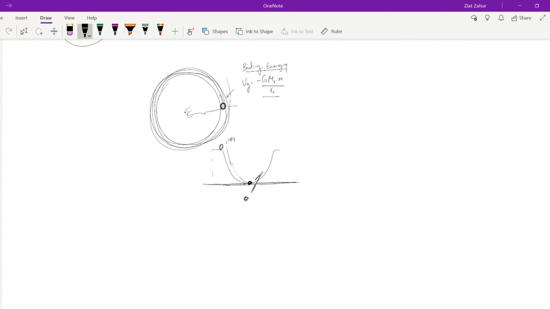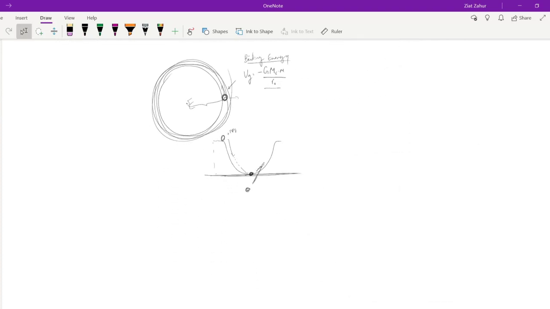And it seems like if I can accelerate fast enough to where my velocity gives me an equal amount of kinetic energy, so we'll take the absolute value of our UG, the amount that I'm at a deficit, since I'm starting with negative potential energy, I will accelerate this object such that my kinetic energy is equal to this deficit.